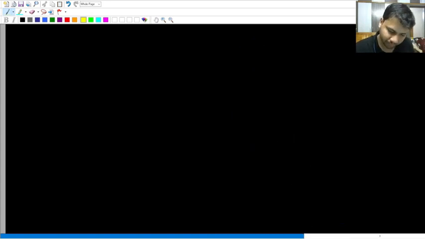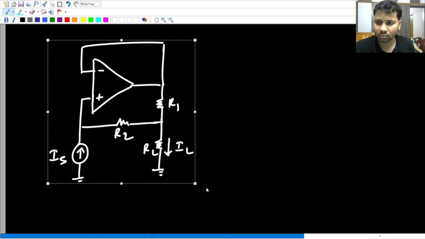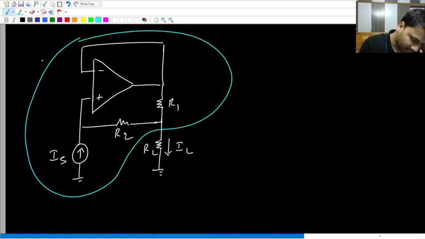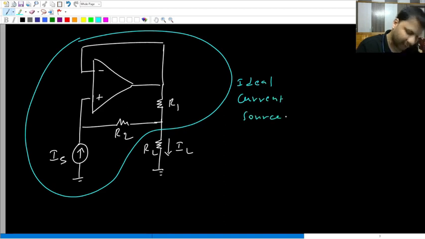Yes or no? So with respect to the load, the rest of the circuit behaves like an ideal current source.